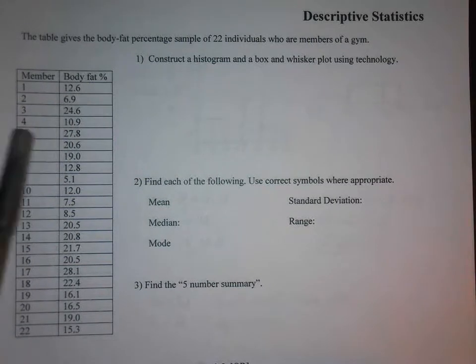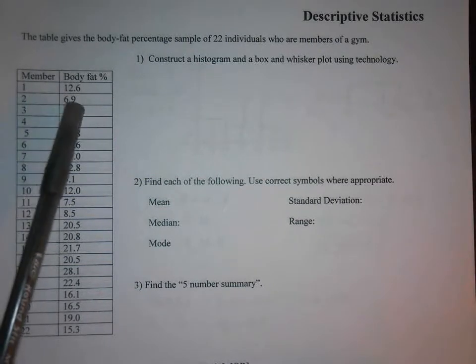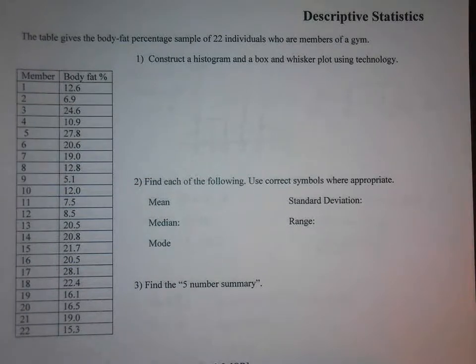Okay, so the fact that member 1 had 12.6% body fat, there wasn't a process involved to identify member 1 as having to be the first person they chose. Where you would really want to pay attention to member 1 having 12.6% body fat would be if you were doing a matched pairs design, maybe a before and after.